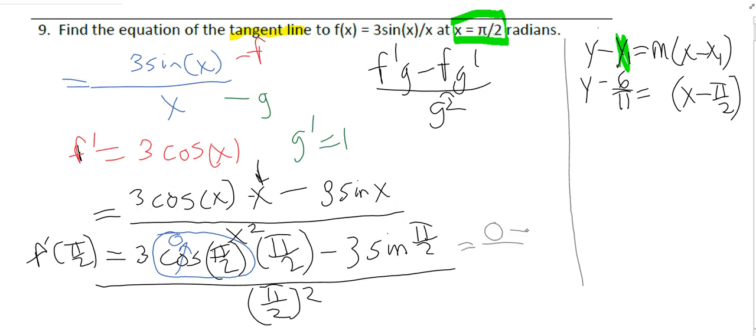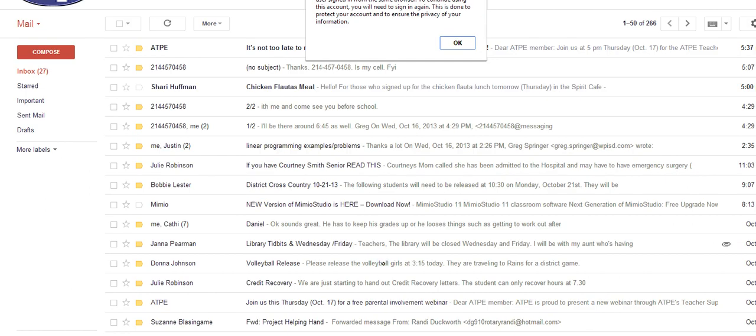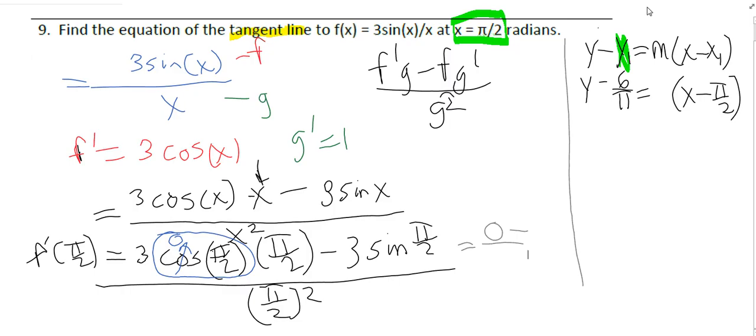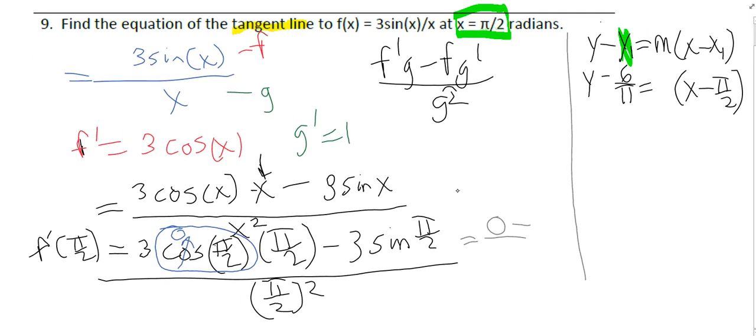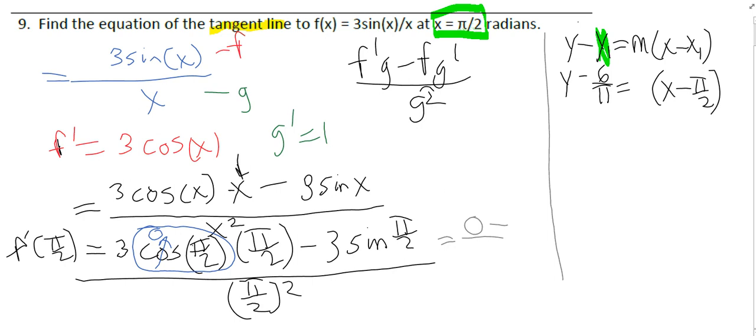And then we have minus, sorry about that. And then we have, let's go back over there, the fact that sine of pi over 2 is equal to 1.